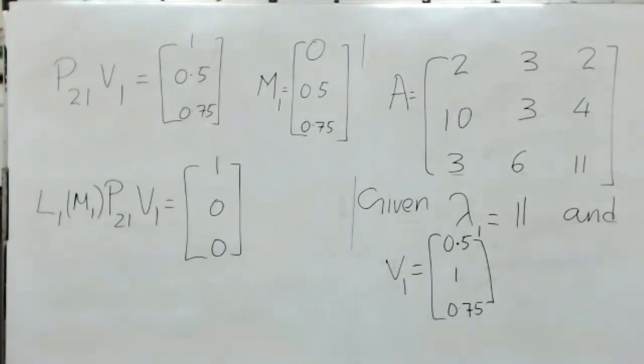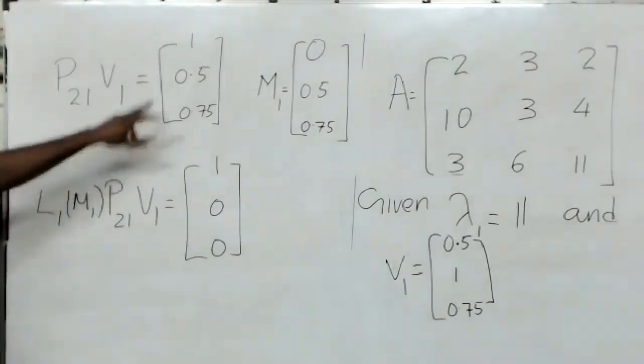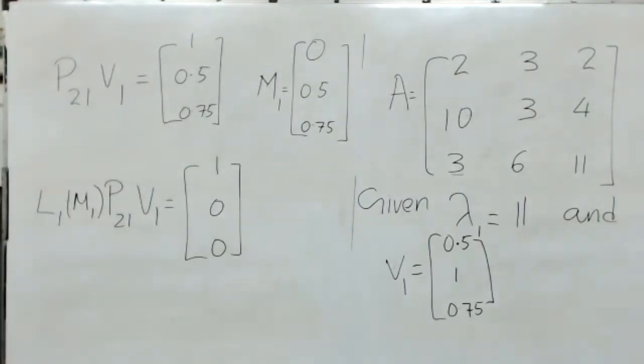When you multiply by this elementary lower triangular matrix with this one, you get 1, 0, 0. You know how to do it from what you learned in the first chapter. So this is what you have.